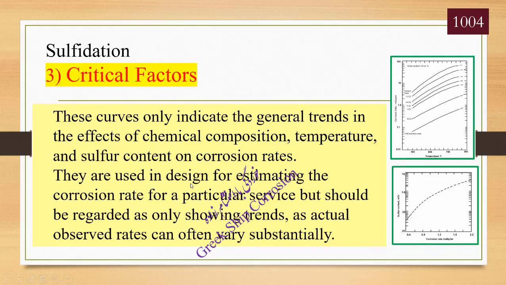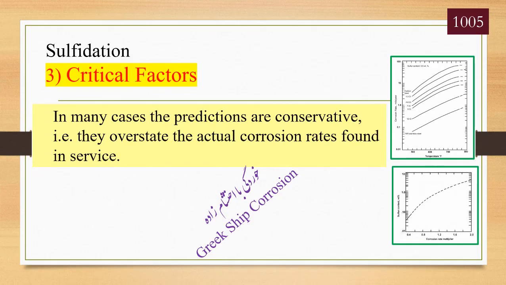They are used in design for estimating the corrosion rate for a particular service, but should be regarded as only showing trends, as actual observed rates can often vary substantially. In many cases, the predictions are conservative, that is, they overstate the actual corrosion rates found in service.